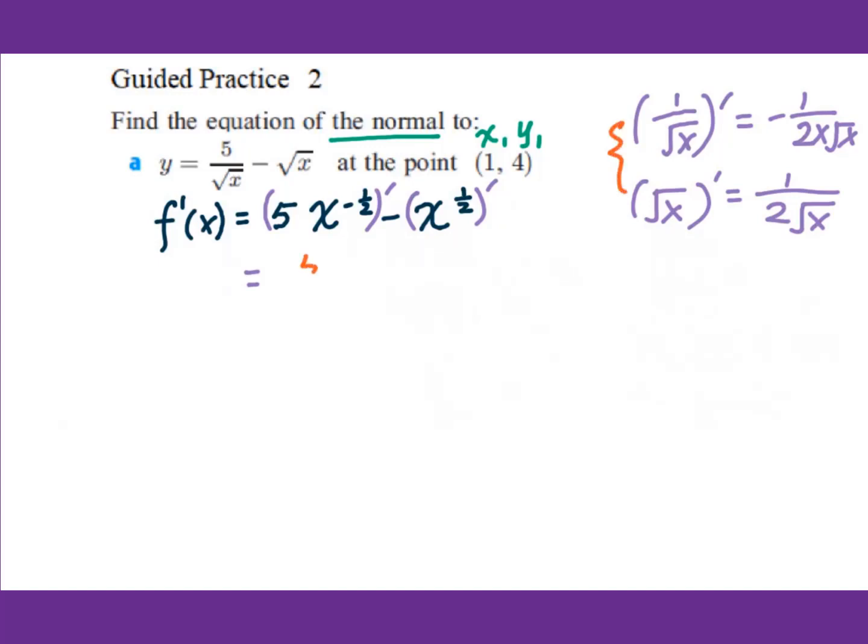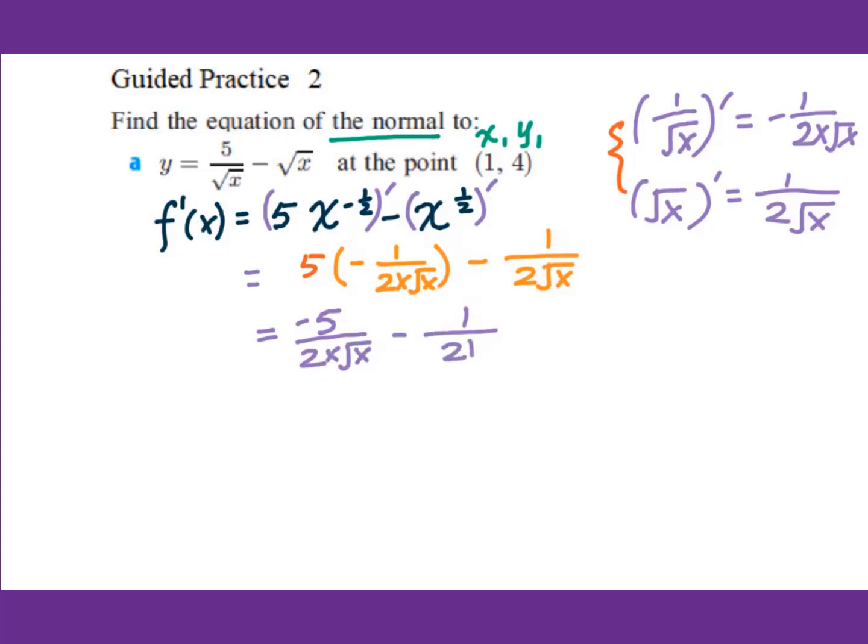You will get 5 times negative 1 over 2x square root of x minus 1 over 2 square root of x. We organize: this is negative 5 over 2x square root of x minus 1 over 2 square root of x.